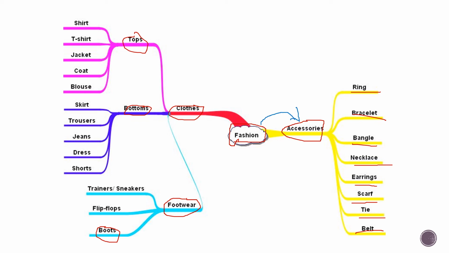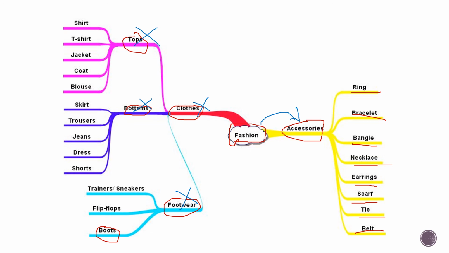So my company will be dealing only with accessories. We are not dealing with clothes at all. We are not dealing with footwear. We are not dealing with bottoms or tops or anything. We will only be dealing with whatever comes under the accessories head, right? So that is how mind maps are useful in grouping several different ideas.